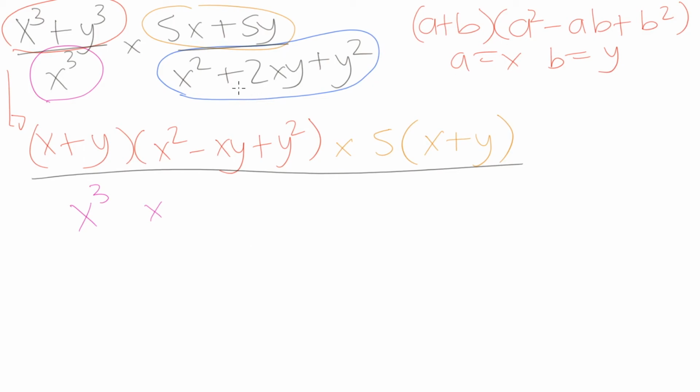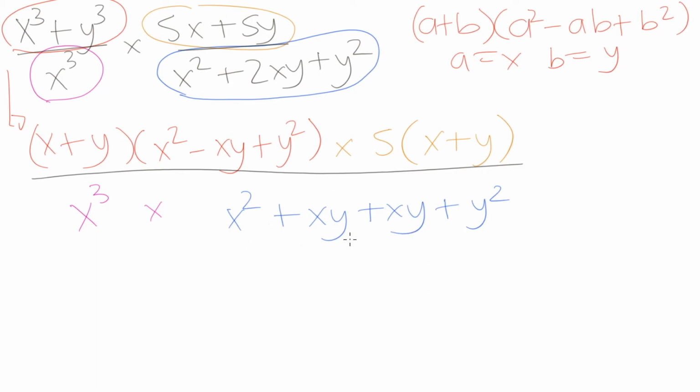So let's say if we were to break up this 2xy into xy plus xy. So let's say we have x squared plus xy plus xy plus y squared. This is exactly the same thing as this. We've just broken up our 2xy into xy plus xy.